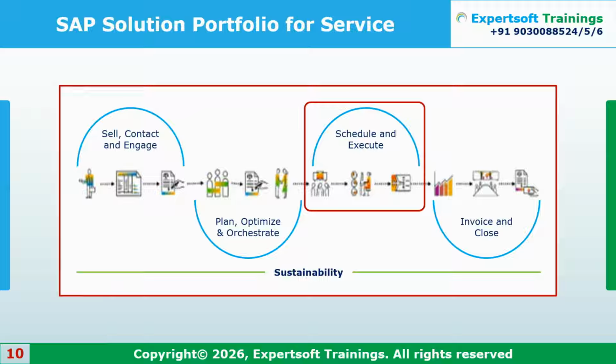There is somebody called the dispatcher. The dispatcher's responsibility is to take care of all the incoming calls, which are supposed to be assigned to the technicians. They will do some mathematics, some logic, some AI, and based on those, they will assign the ticket to the right technician. Technician will close the ticket, and then finally you do the invoicing.